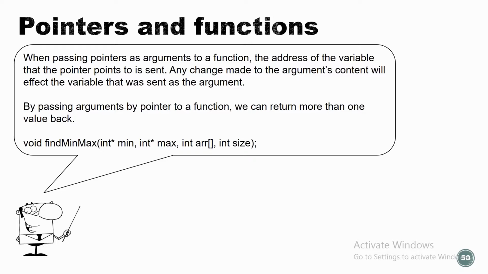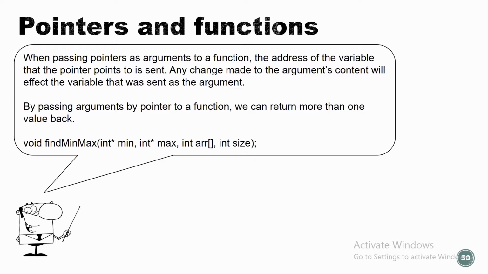And another thing, if I have this ability to send the address of a variable as an argument, and I know that whatever change I do inside my function is going to be kept outside of the function, I can return more than one value. So in all of the functions that we did today, we did return something. We returned one value.